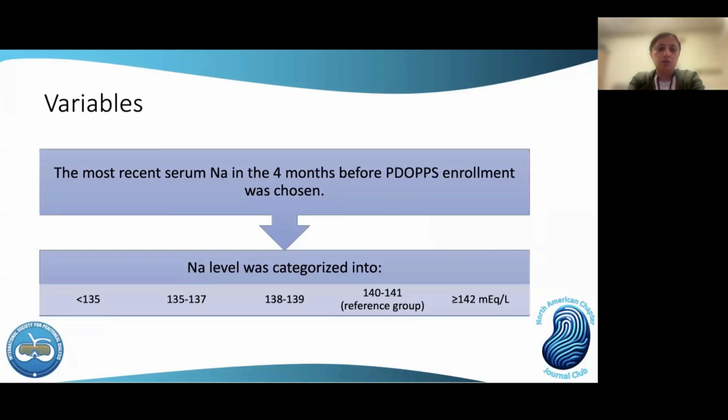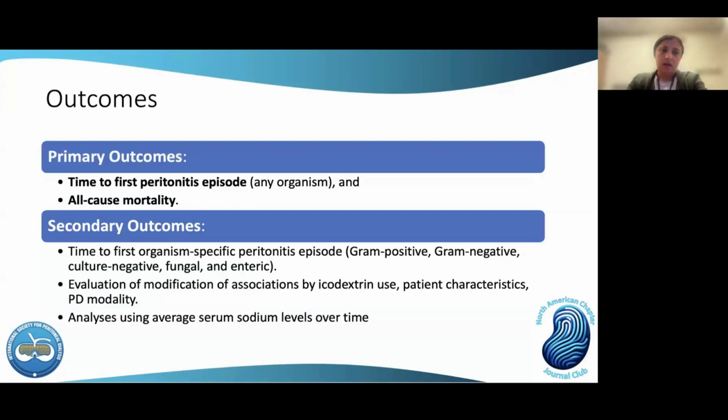So they chose the most recent serum sodium in the 4 months before PDOPPS enrollment, and they categorized the sodium level into 5 different categories: less than 135, 135 to 137, 138 to 141, which is the reference group, and more than 142 milliequivalent per liter. Outcome. The primary outcome they wanted to look at was time to first peritonitis episode, any organism, and all-cause mortality.